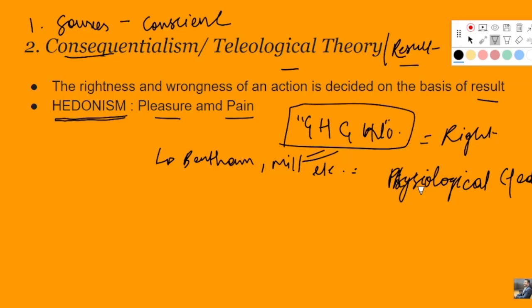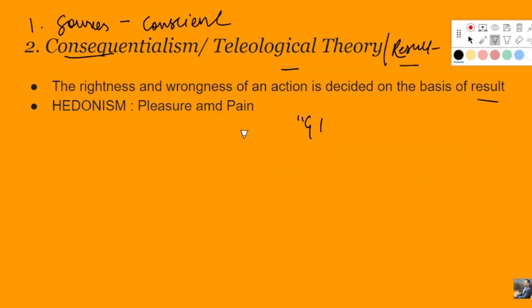They propound the idea of psychological hedonism, where they say that men ought to work if it produces immense pleasure, right? So this is the basic idea behind coming to the conclusion that an action is right if it results in the greatest happiness of the greatest number.